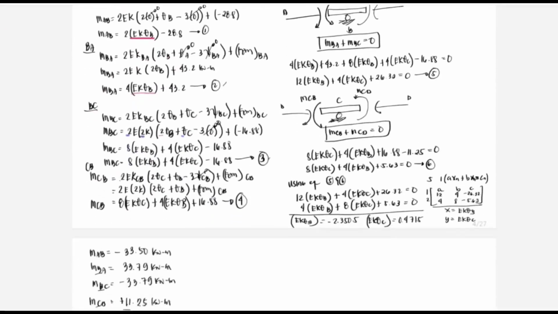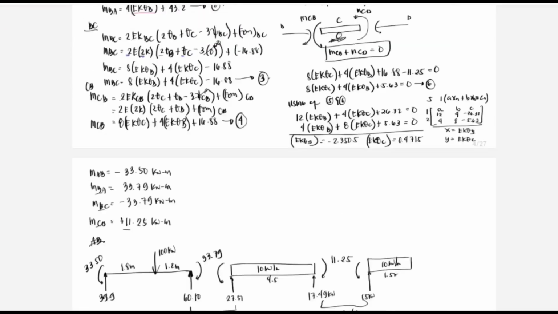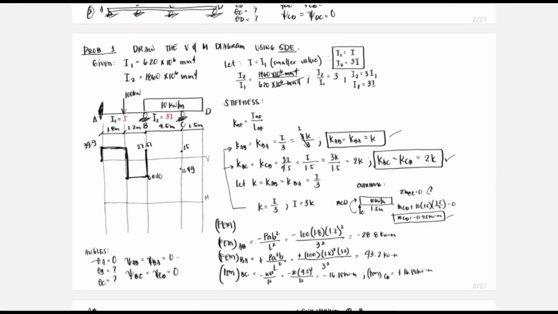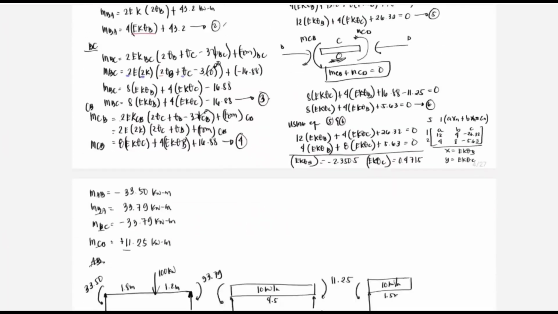Ayan, 17.49 ang ilagay natin. 11 lang kasi nilagay ko dito. 17 pala yan. Ayan, so 17.49. So, bababa. Okay, ayusin ko lang. Okay, pababa. Next, ilan ba yung RC natin na total?